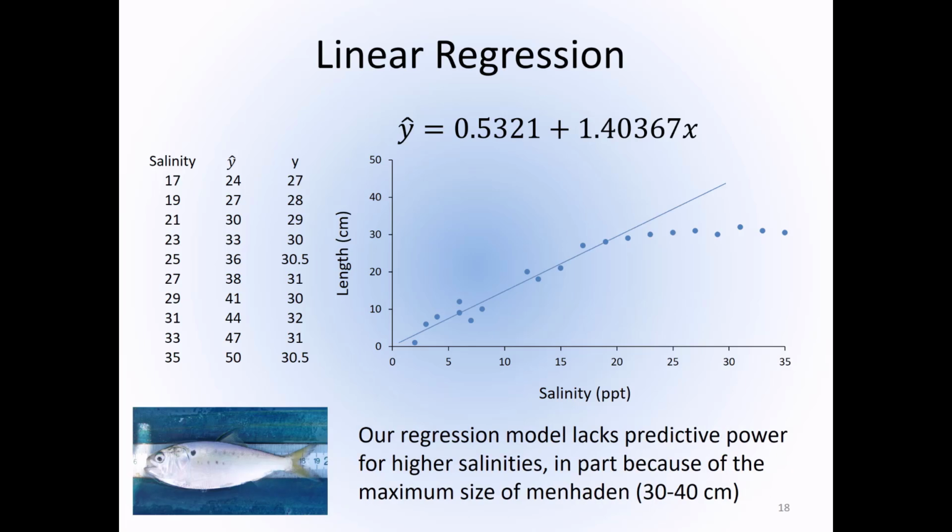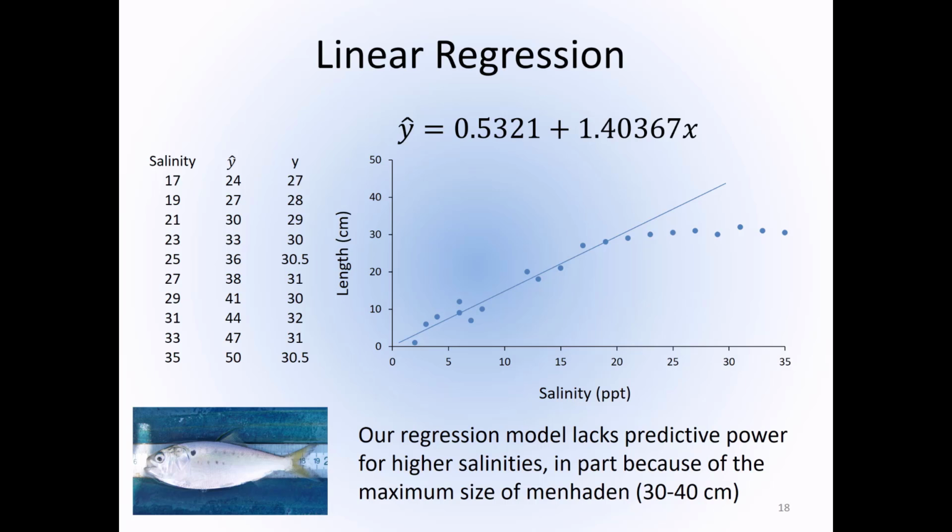When we plot our best fit line, we can see that these higher salinities aren't predicted particularly well for the length of the fish. We need to think about things a little deeper when our predictions do or do not fit our regression model. When we extrapolate, we move beyond the values of our initial data set.